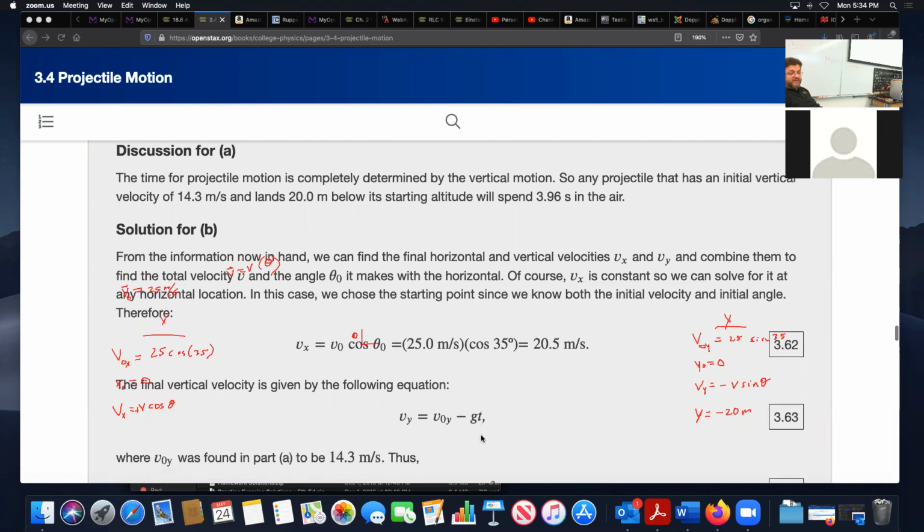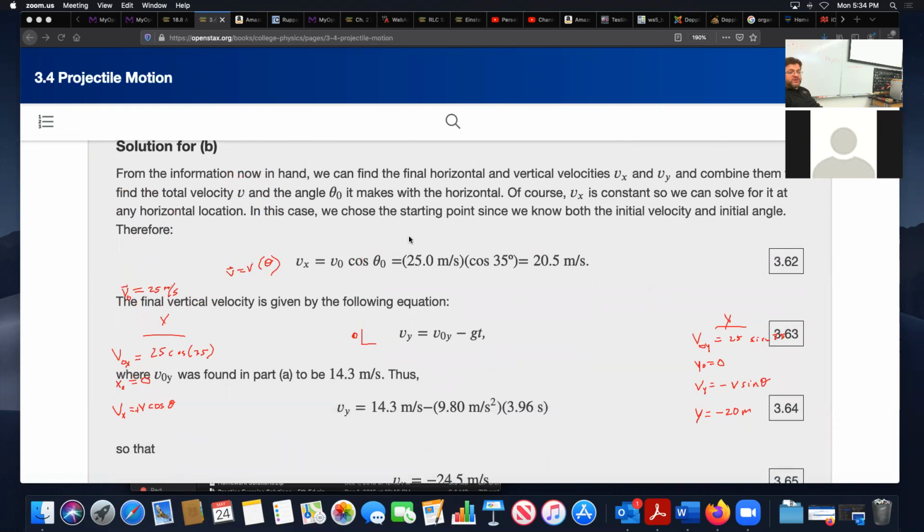Then you plug it in there and you find the final velocity in y. Once we found the final velocity in y, we have 2 vectors. We have the final velocity in x, which is equal to the initial velocity in x, 20.5 meters per second. So that's our final velocity in x, 20.5. And we calculate the final velocity in y, and we know that it's supposed to be negative, and we know that its value is 24.5.